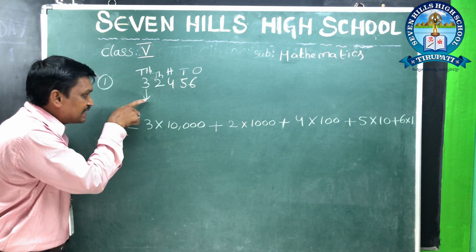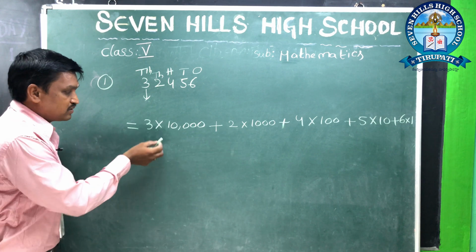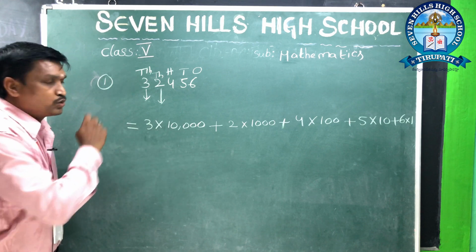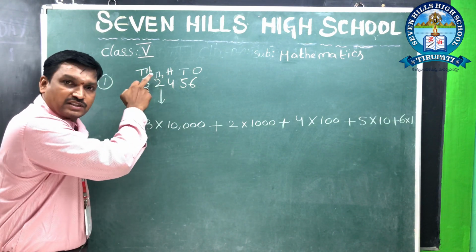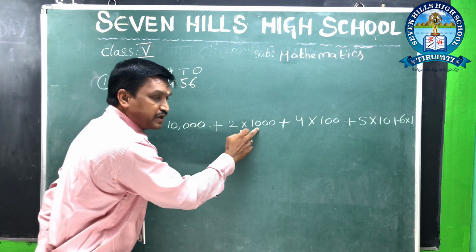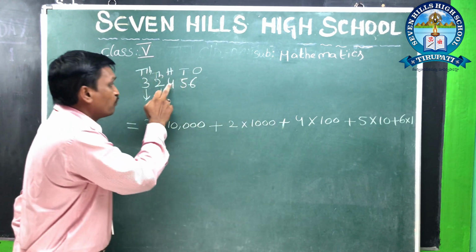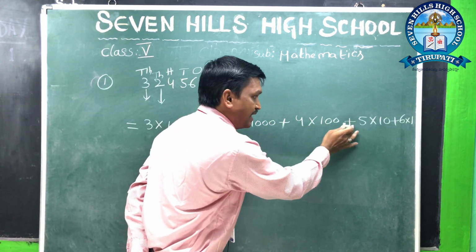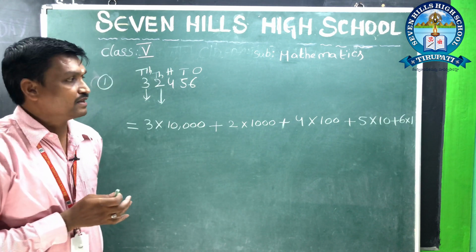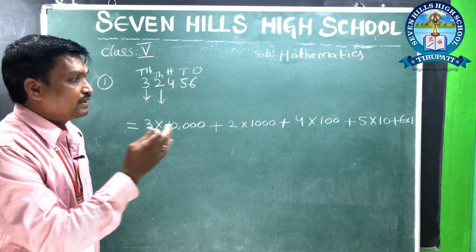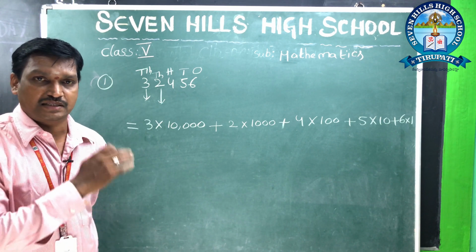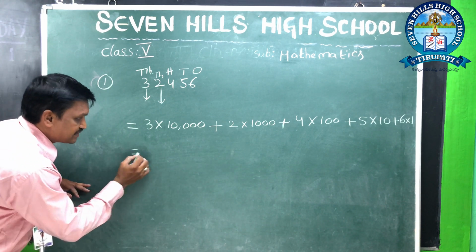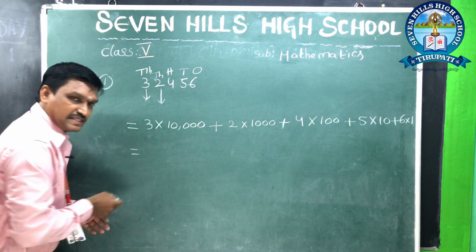The digit 3 is in 10,000s place. So we write 3 into 10,000. Next digit 2 is in thousands place. That means 2 into 1000, plus 4 is in hundreds place, 4 into 100, plus 5 is in tens place, 5 into 10, plus 6 is in ones place, 6 into 1.